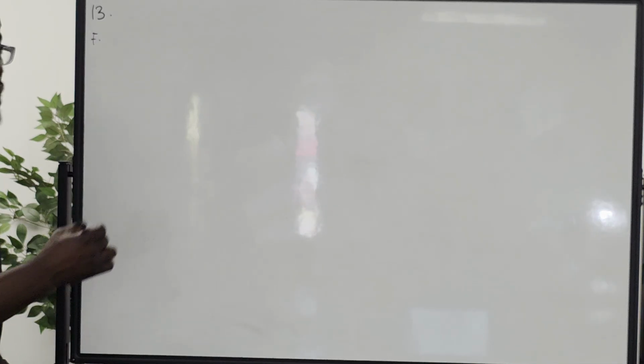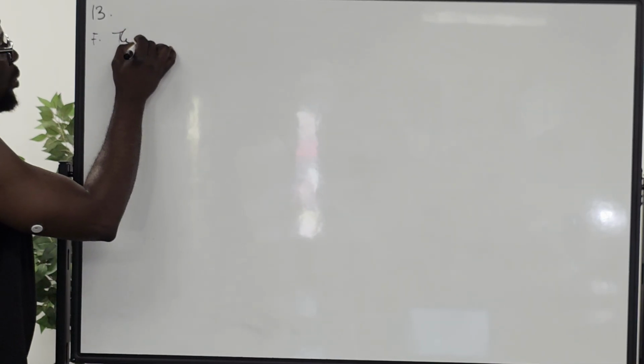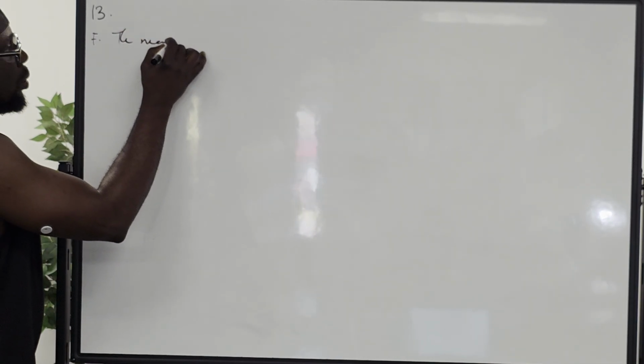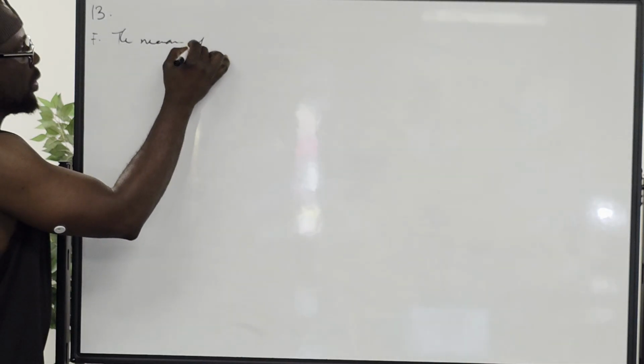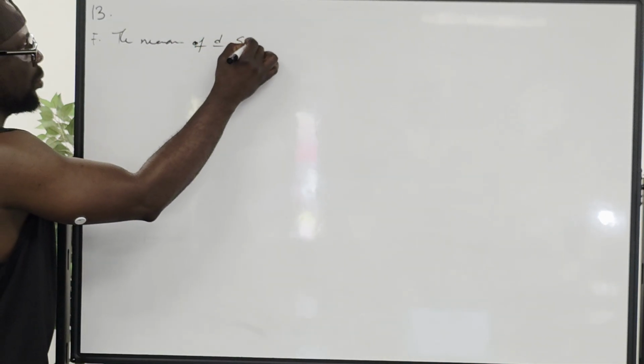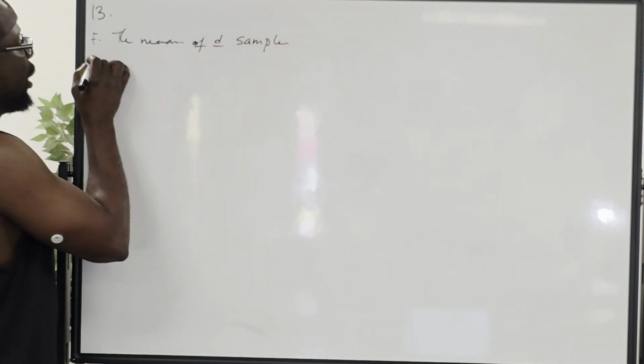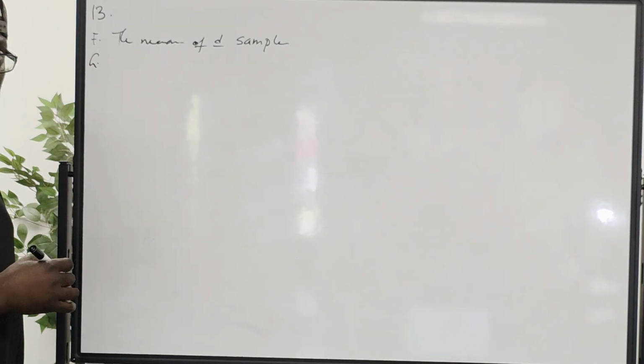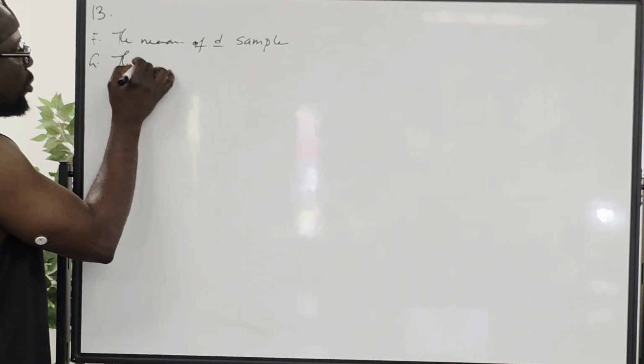Option F says the mean of the sample. Option G says the median of the sample.